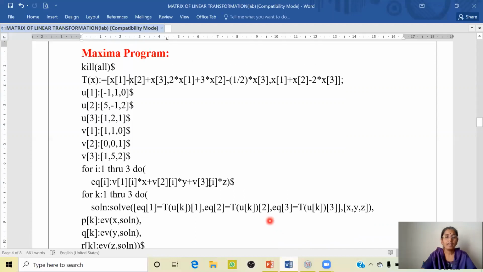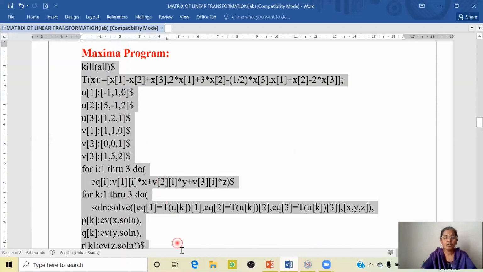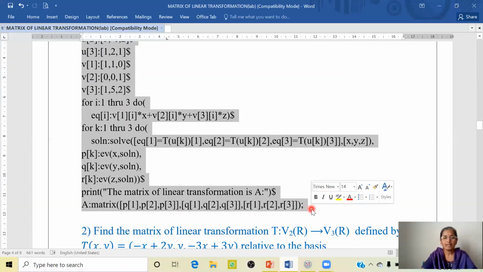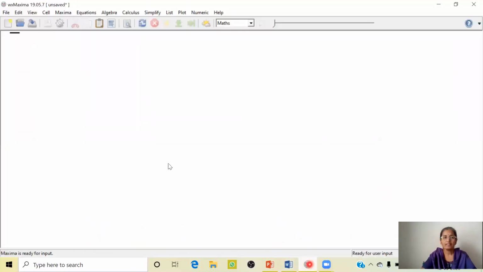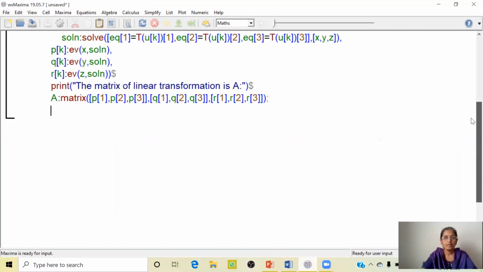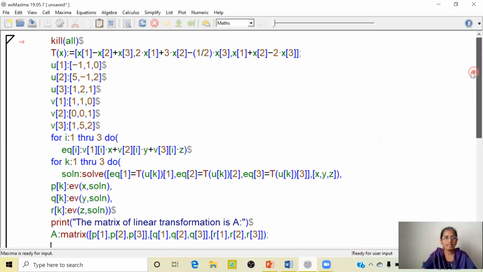Now let us execute this in the Maxima window and see what will be the output of this matrix. Let us go to the Maxima window, paste it. So when you paste it, you are going to get the command and it looks like this.